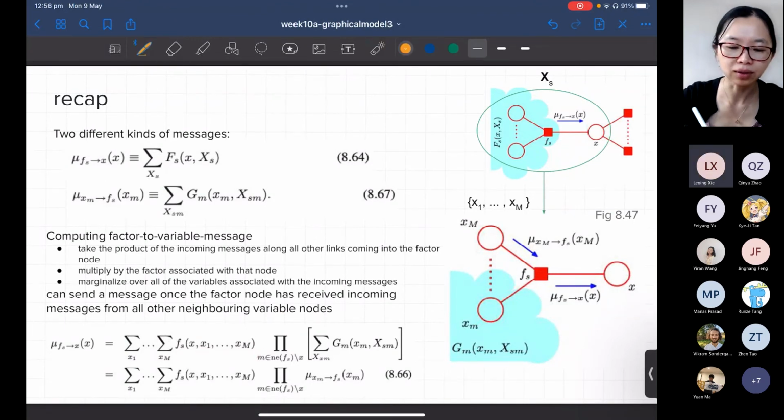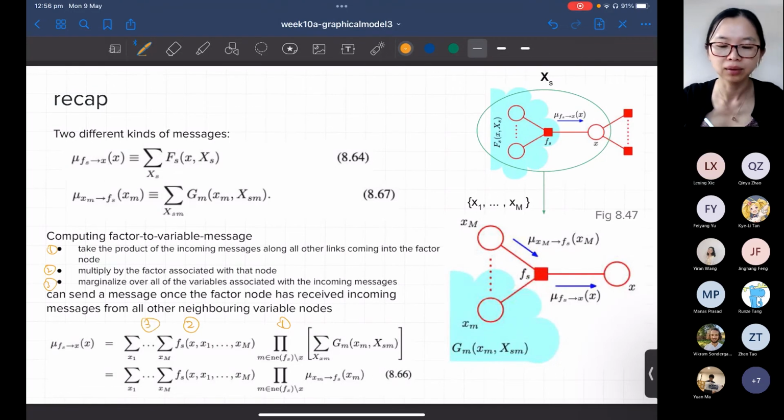Let's number these: step 1, step 2, step 3. Actually, they are not necessarily executed in that fashion. So take the product, step 1 here, step 2 here, and then marginalize over all the variables associated with the incoming message, step 3 here.